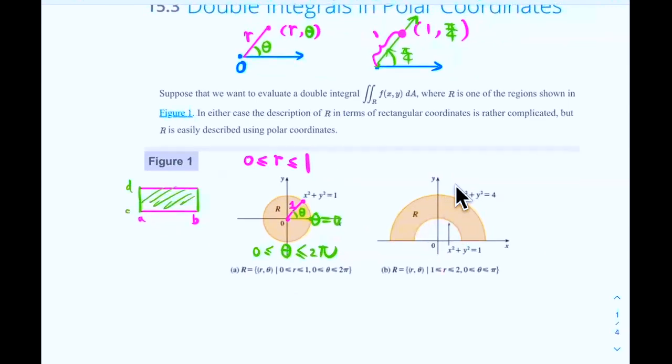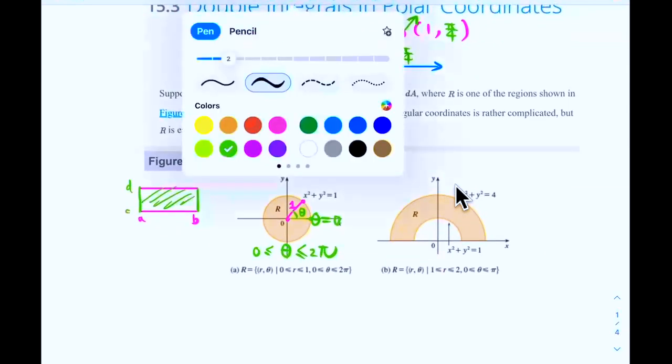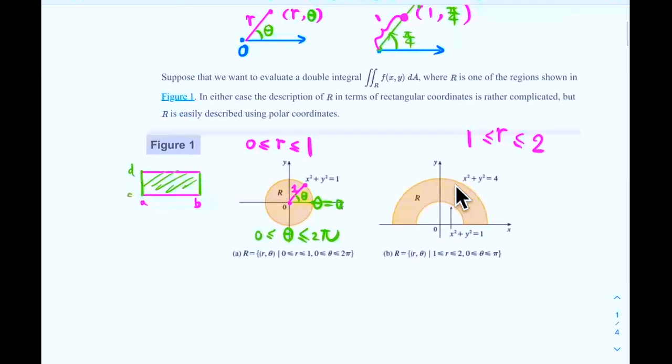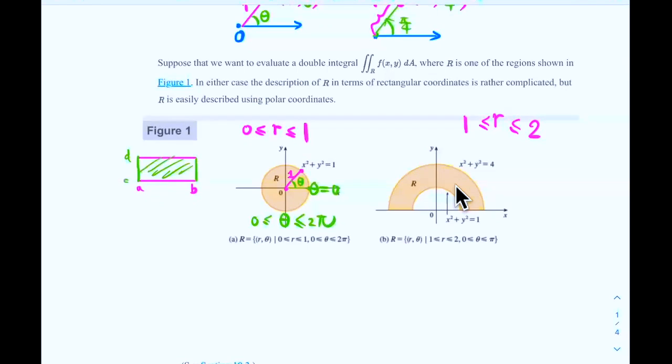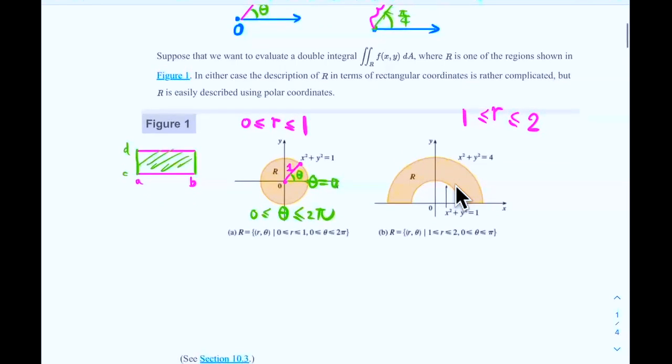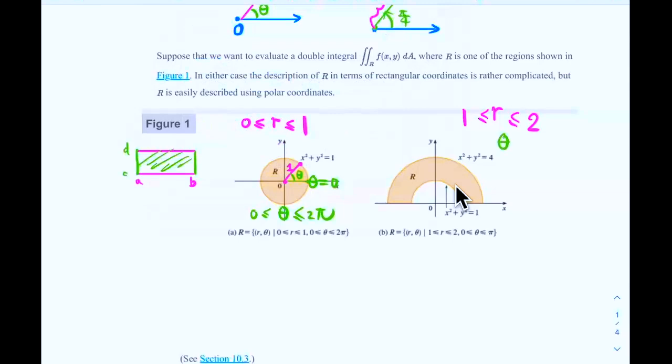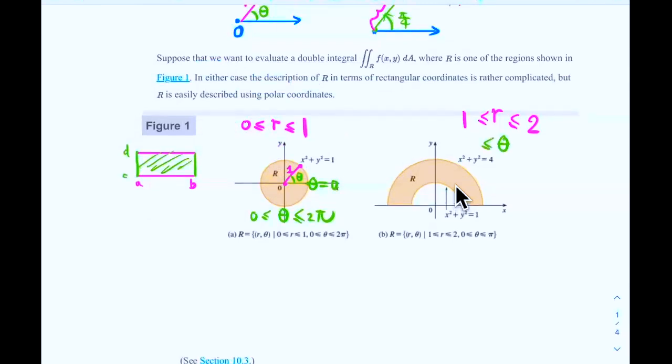For this one, r is between 1 and 2, and theta is between 0 and pi, because you only make half a circle.